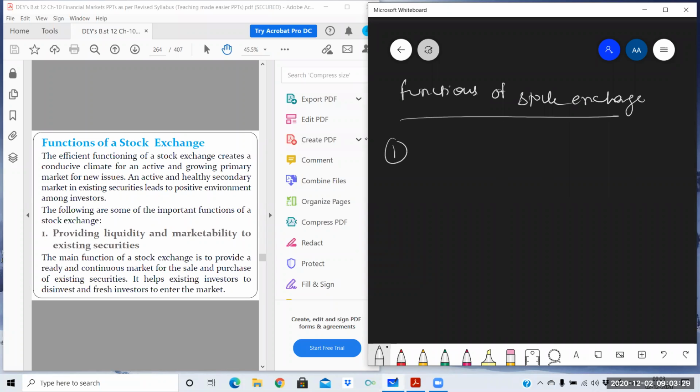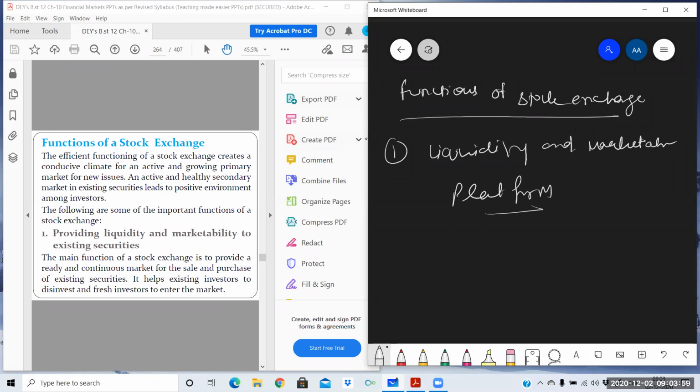The first function, which we have already discussed, is that it provides liquidity and marketability to the securities. This function we have already understood, how it provides marketability and liquidity to the securities. It provides a platform where the buyers and sellers can interact with each other with the help of brokers, and it provides a market for the sale and purchase of existing securities.